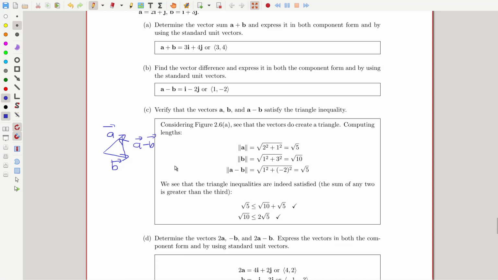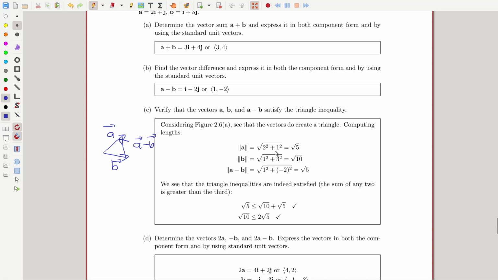Now, the text only mentions one triangle inequality, but I think that to do this problem correctly, you should actually consider all three of the inequalities. And basically, these three sides need to satisfy the three different arrangements, right? Meaning, if you take any two of the lengths, add them together, it should be greater than the third length. So in order to do this, we need to compute the three lengths.